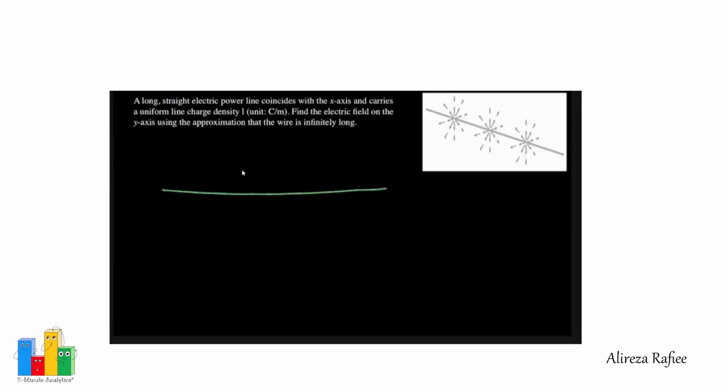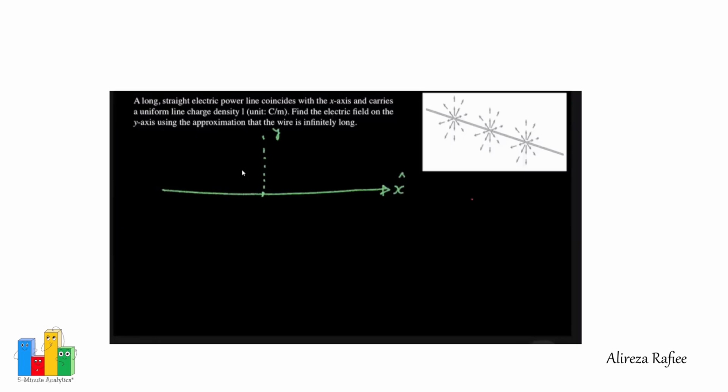Okay, so I'm going to draw it in an x-axis. So this is my x-axis. Because it's infinitely long, I can pick one point as my reference point for my y-axis. So that's my y-axis. To solve this problem, I know that this has a uniform charge on it.